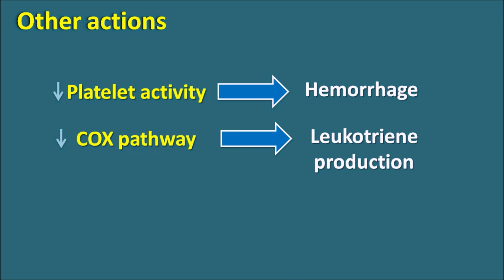Naproxen can also inhibit the COX pathway, thereby it can increase leukotriene production to a little higher level, such that it can produce a few bronchoconstrictory effects as well as flu-like syndromes. In this way, along with the beneficial effects, naproxen also produces a few unwanted effects. What are the side effects? So now we have seen a few of the pharmacological actions which result in a few of the side effects.